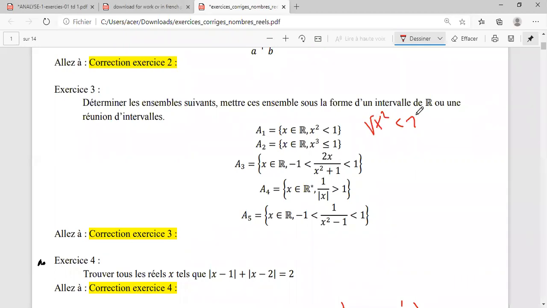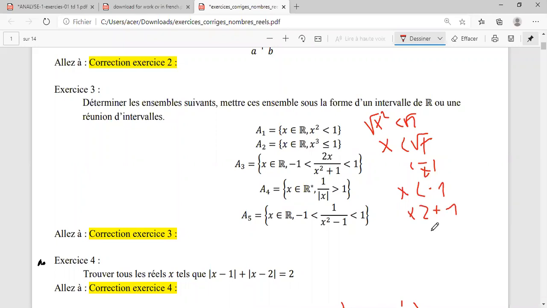We square root everything, the right hand side and the left hand side. When we square root this, we're going to have x less than the square root of 1. The square root of 1 is negative or positive 1. So we're going to have x less than -1, or x greater than positive 1.